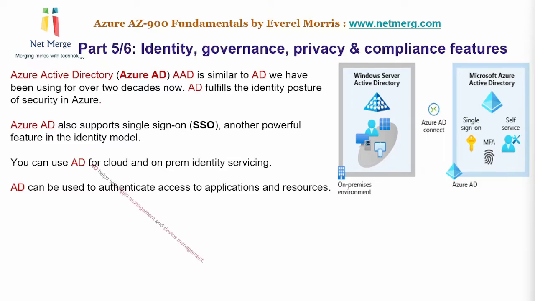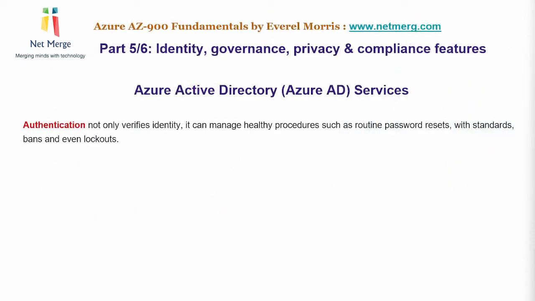Okay, so let's take a look now at Active Directory and how it helps with app management and device management as well. Authentication not only verifies identity, it can be used to manage health procedures such as routine password resets and password requirements.